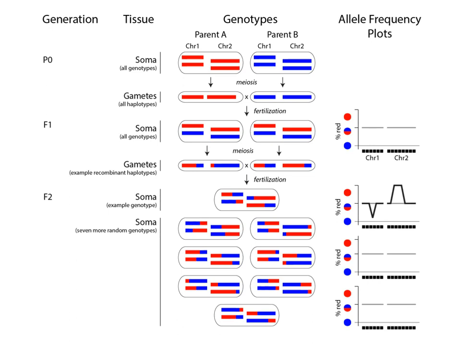So let's count how many of those 16 are red at the left end of chromosome 1. 1, 2, 3, 4, 5, 6, 7, 8, and 9. So 9 out of 16, or a little bit over 50% red. Pretty close to the expectation.